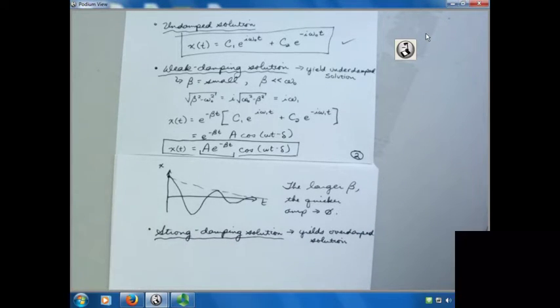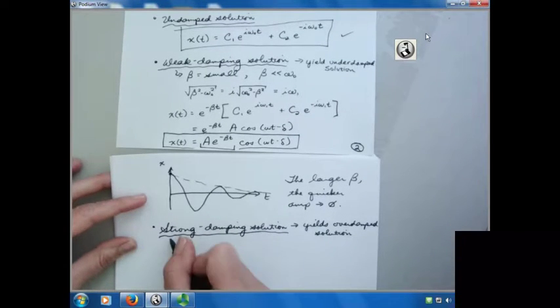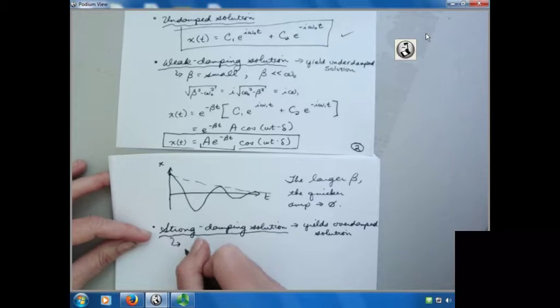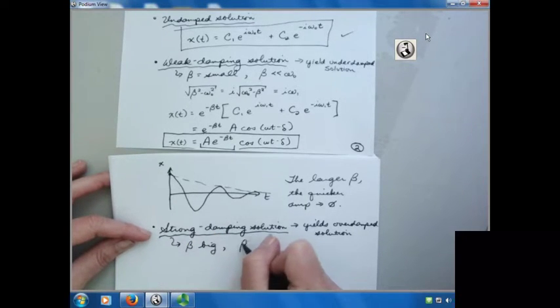Okay, so what do we mean by strong damping? Strong damping just means that our beta is big. And what we mean by big is that beta is now going to be greater than omega naught.